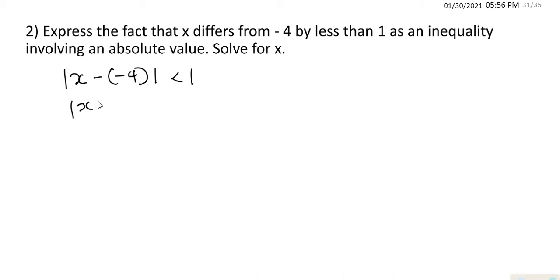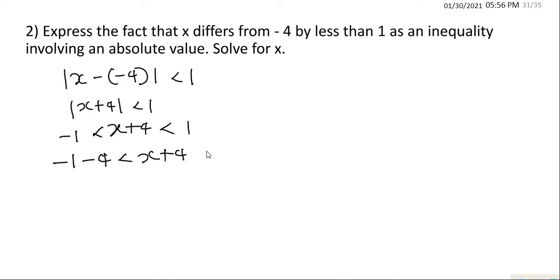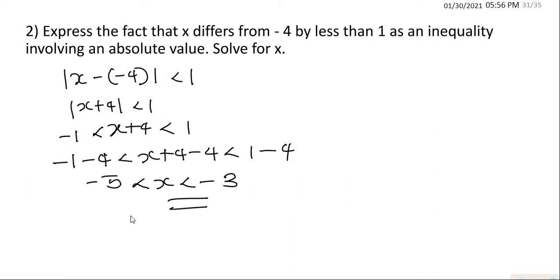So this can be written as the absolute value of x plus 4 less than 1 and can be translated into x plus 4 greater than minus 1 and less than 1. And if we solve this by subtracting 4 all through, we have x plus 4 minus 4 less than 1 minus 4, and that will give us minus 5 less than x less than minus 3 as the answer.